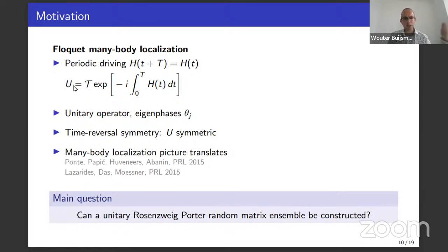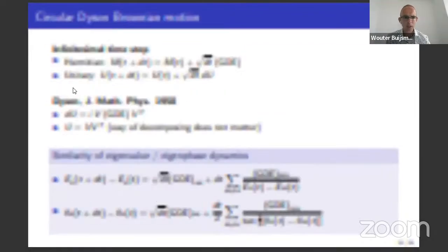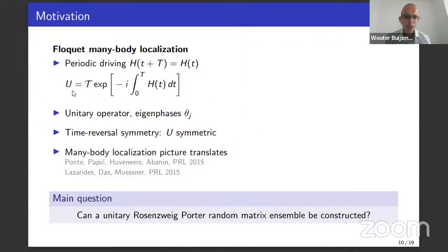Okay, these Floquet operators, from a mathematical point of view, are very different from Hamiltonians. They don't have eigenvalues, but they have eigenphases, which are on a complex unit circle. They still have eigenstates. So this means that if you want to propose a circular Rosenzweig-Porter random matrix ensemble and a unitary Rosenzweig-Porter random matrix ensemble, you really need to do something non-trivial.